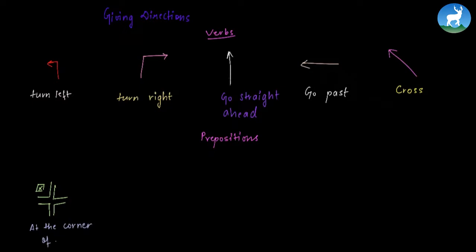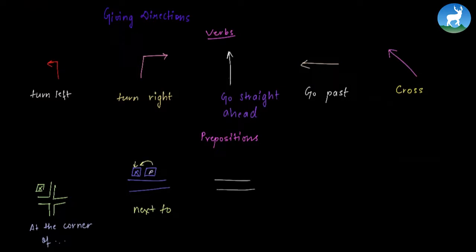Okay, so another, here is your destination, and suppose this is a post office. So maybe you can say your destination is next to the post office. So you can say that.